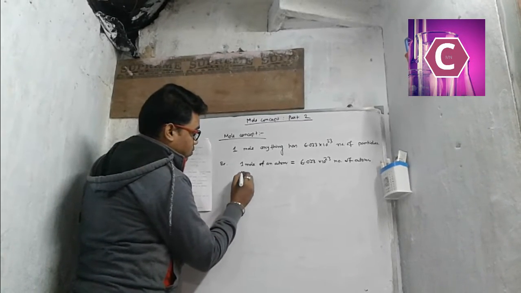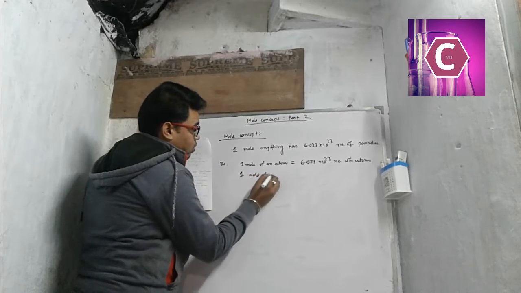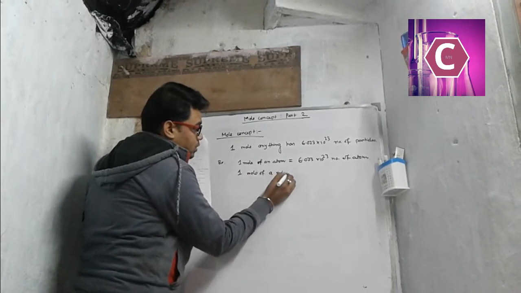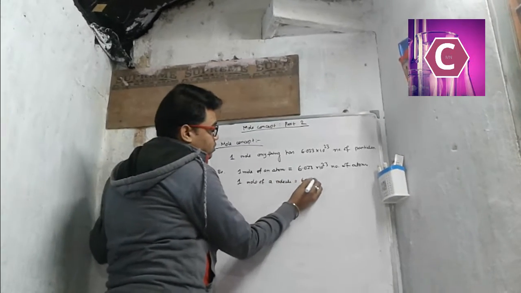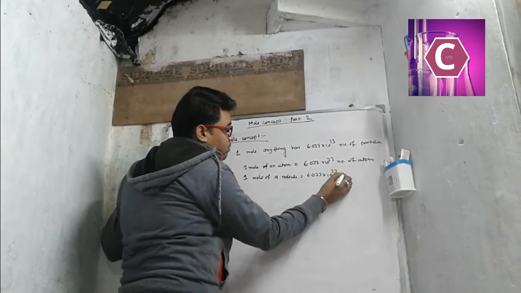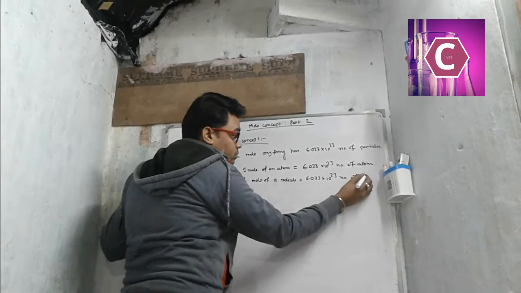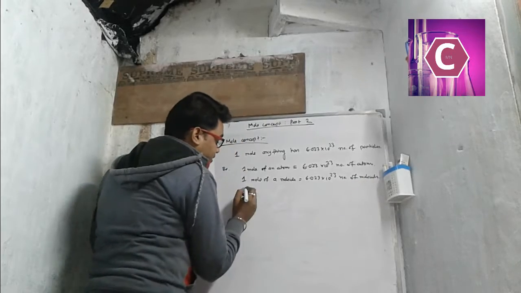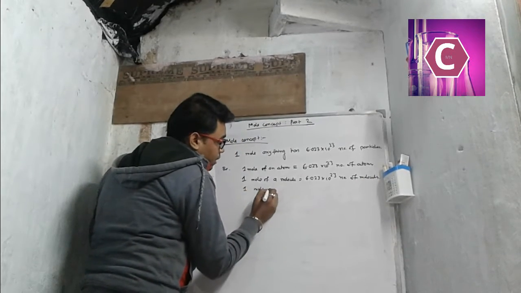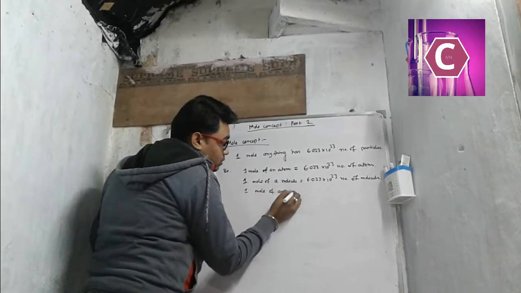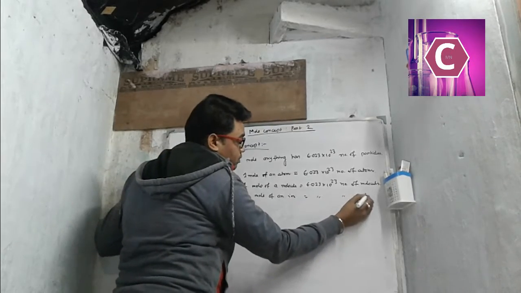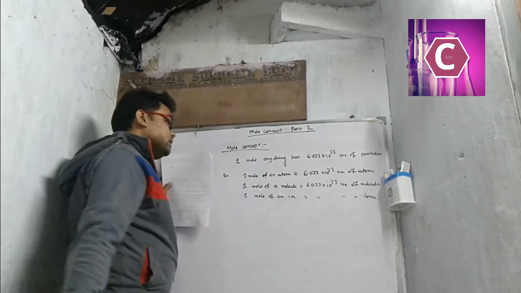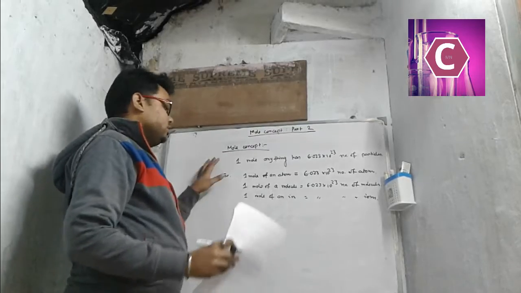Or we can say 1 mole of a molecule is equal to 6.023 into 10 to the power 23 number of molecules. It is true for ions also. So basically it is a counting concept.